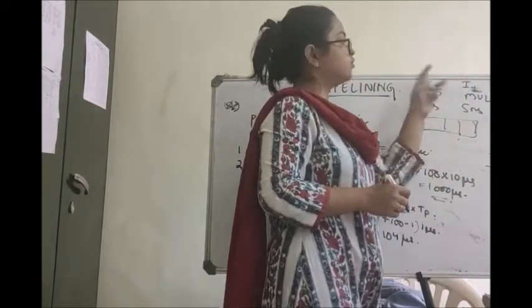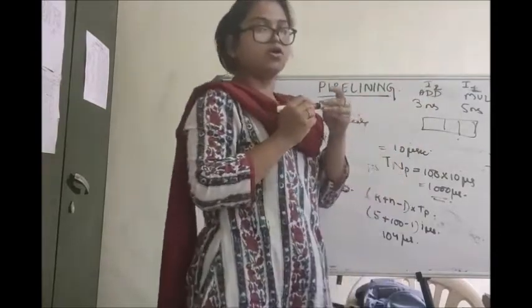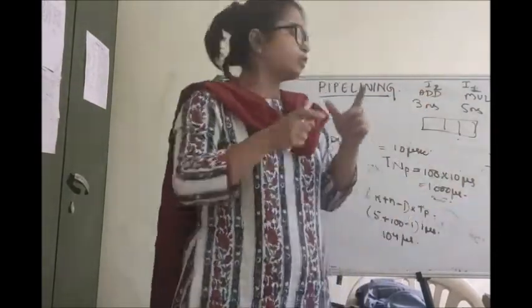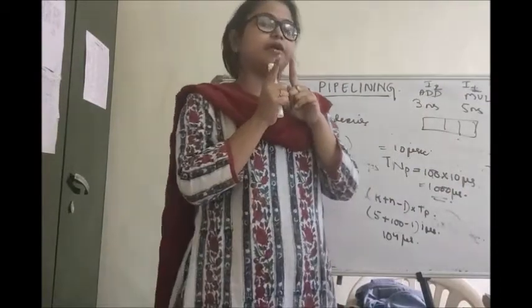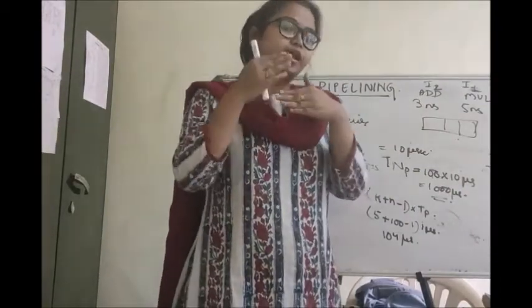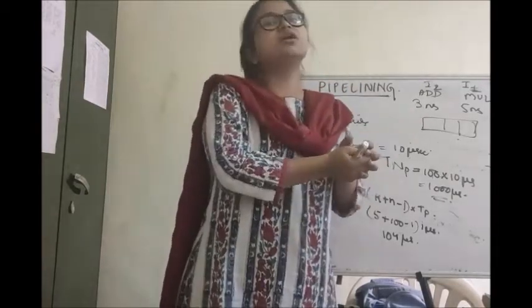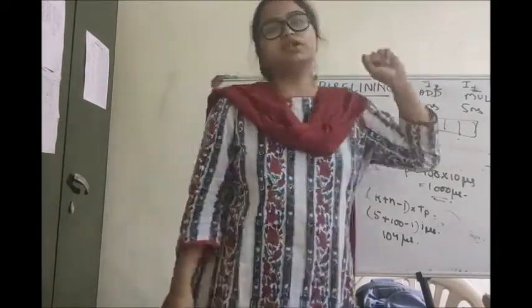After the completion of I1, only then can I2 start. Such a case, where at the same time only one circuit is available and it is busy and cannot allocate itself to the second operation until the first operation is completed, is called a structural hazard.